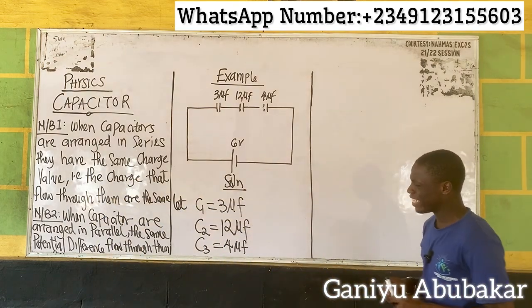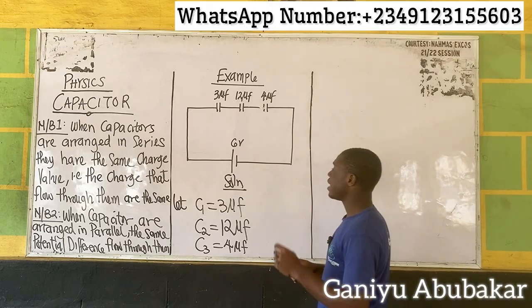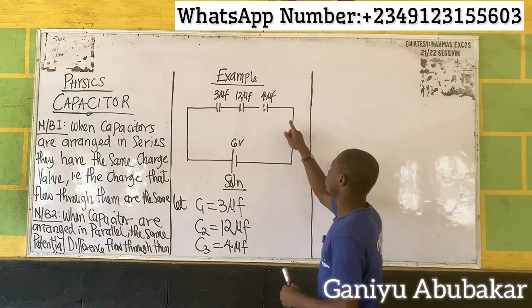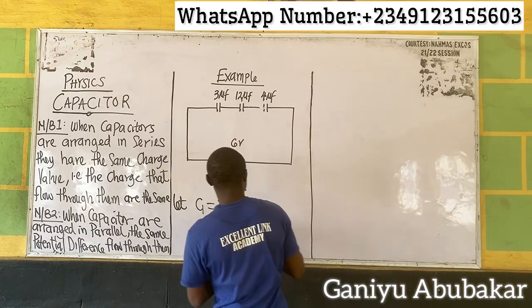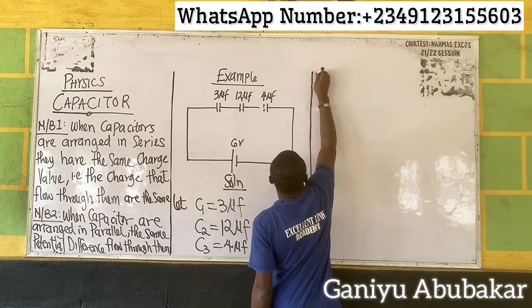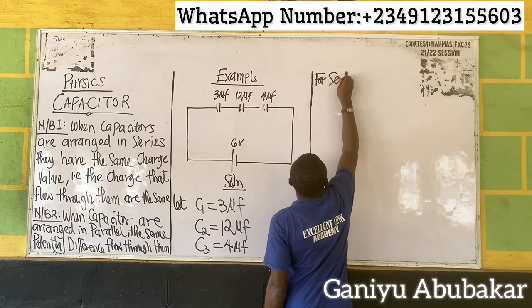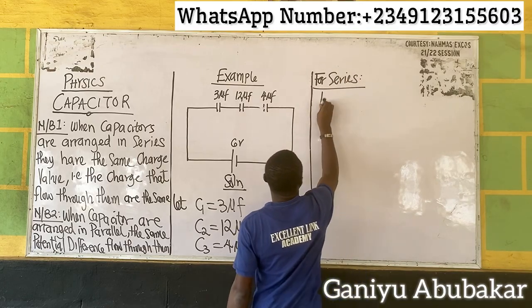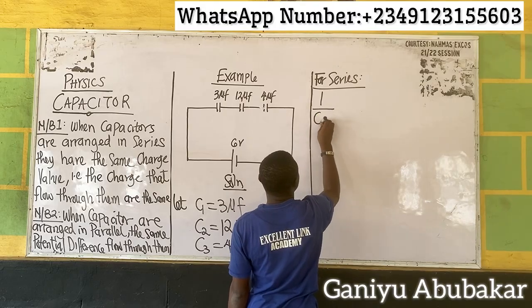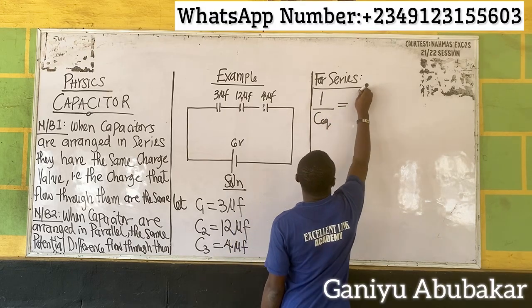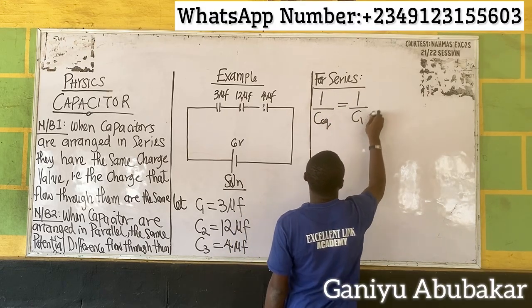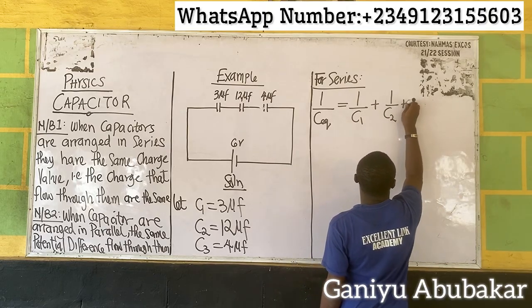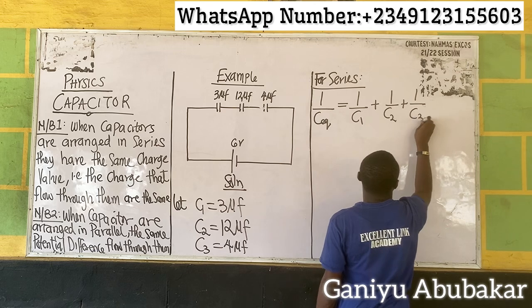To get the equivalent capacitance, that's question number one. Obviously this is a series arrangement, and for a series arrangement of capacitors, what do we know? We have that 1 over the equivalent capacitance is equal to 1 over C1 plus 1 over C2 plus 1 over C3.